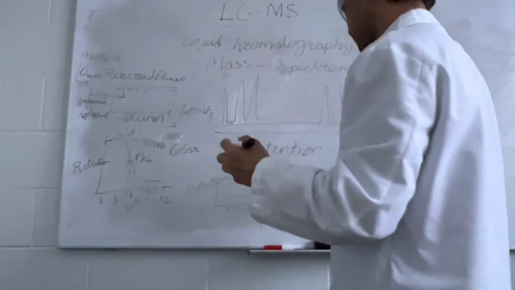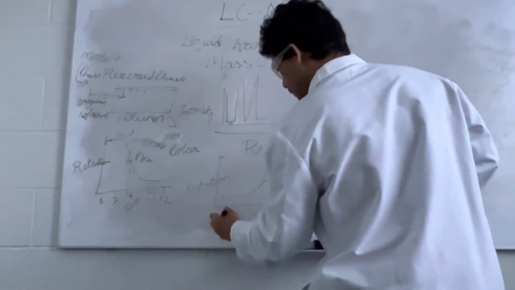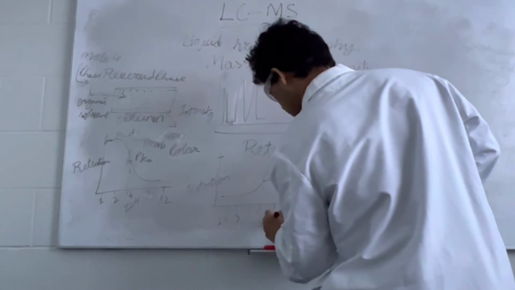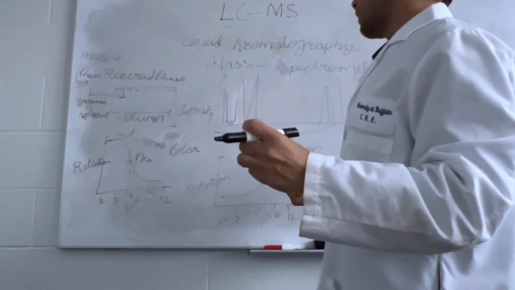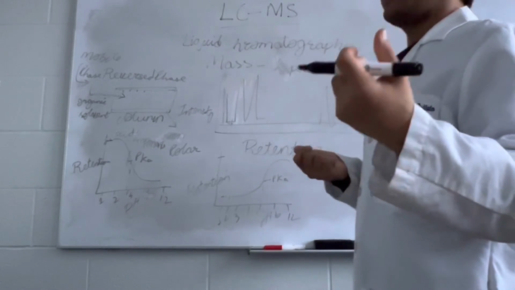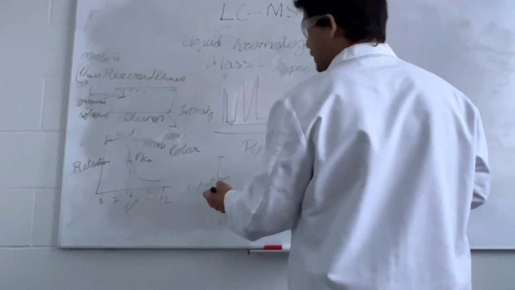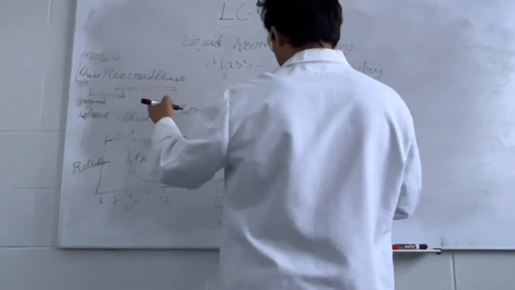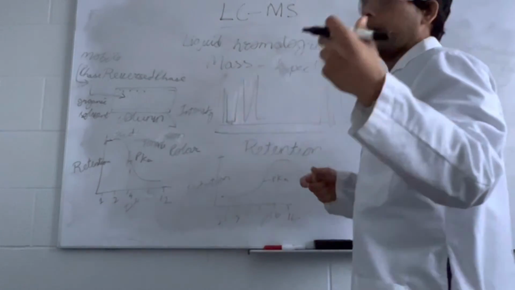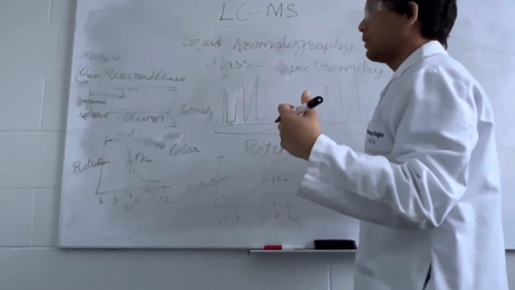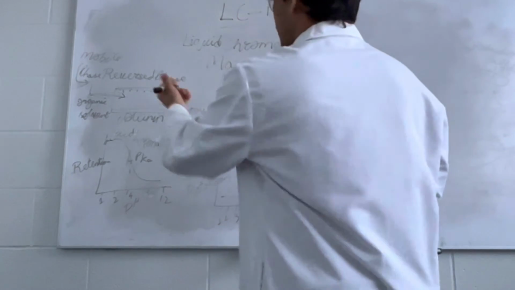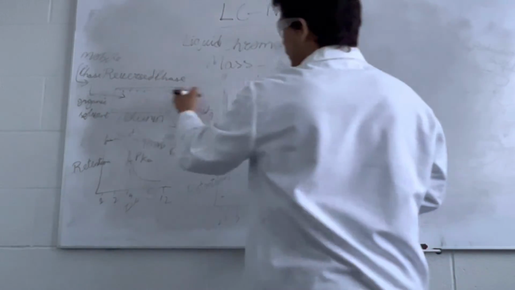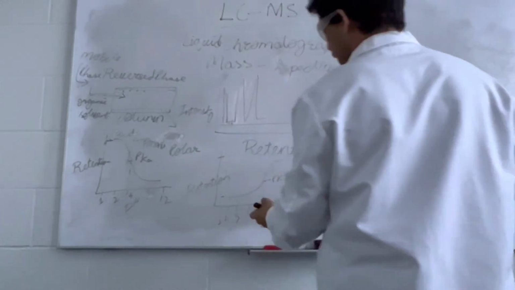At low pH, basic compounds are more ionizable than at high pH. So at low pH, when the basic compounds get ionized, most of the compounds are polar, so they will not stick to the column and they will move out of the column faster.